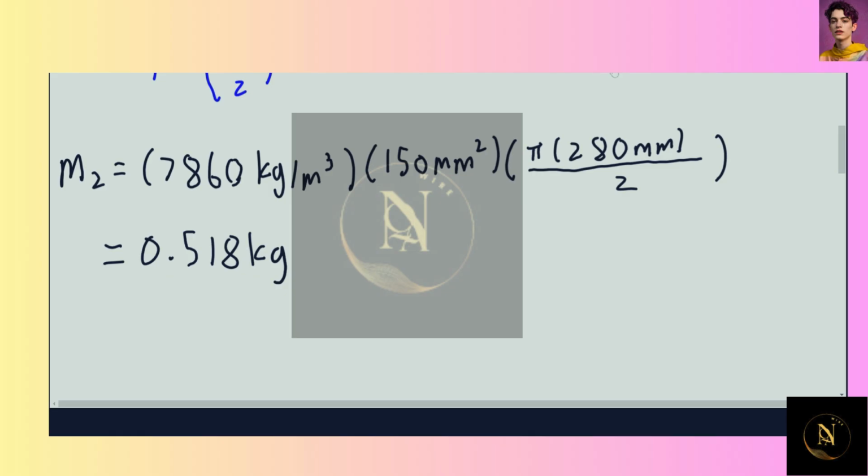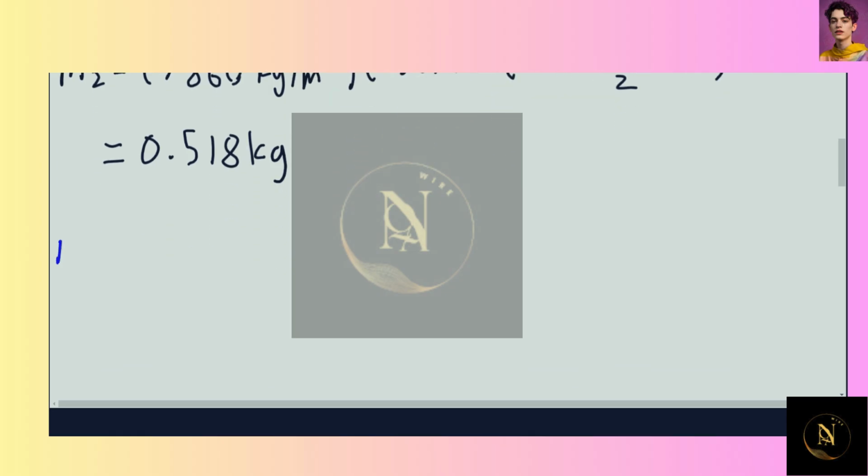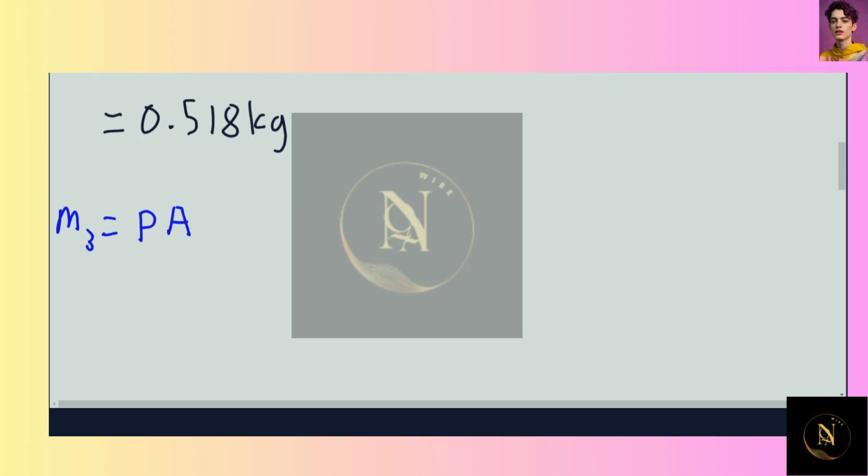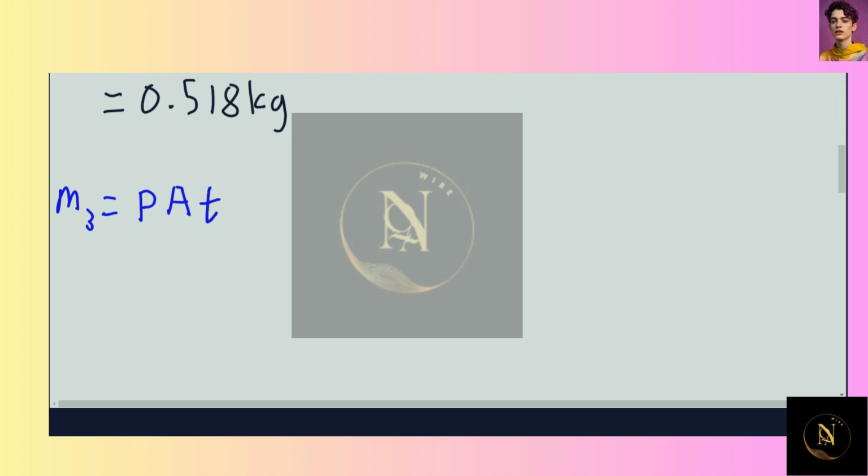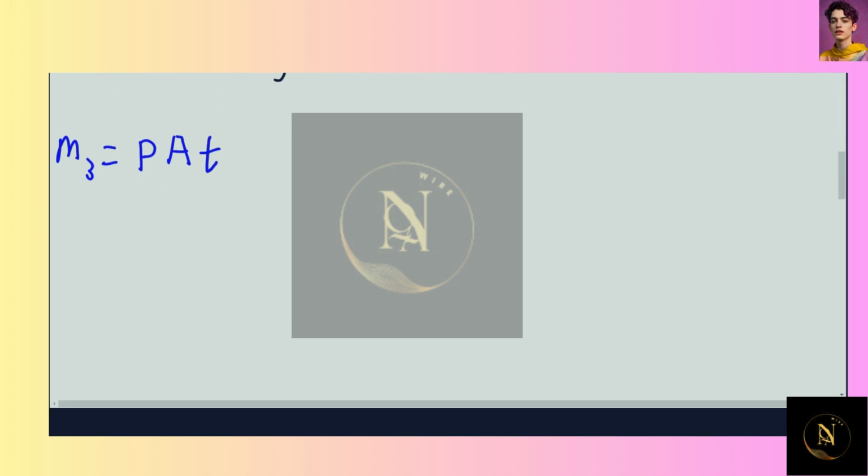Now for the mass of the third area, this is going to be equal to the density of the glass times the area of the glass table, and then times the thickness of the glass table, which we'll call t. And so we plug in the density as given.